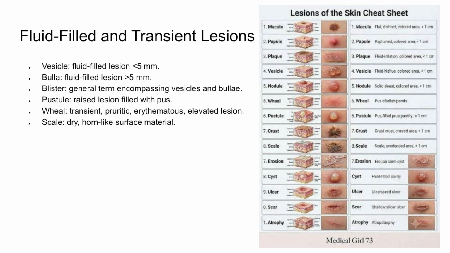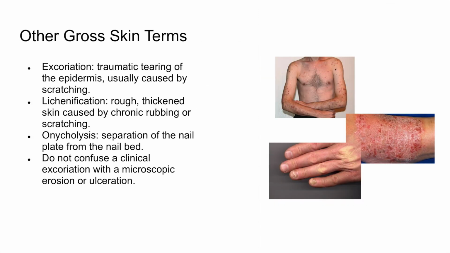than a fluid-filled lesion. All right, so other gross skin terms, because these are pretty freaking gross. These terms describe secondary changes that often reveal what has been happening to the skin over time. Excoriation is a traumatic disruption of the epidermis caused by scratching, so linear excoriations can be an important clue that the condition is pruritic.